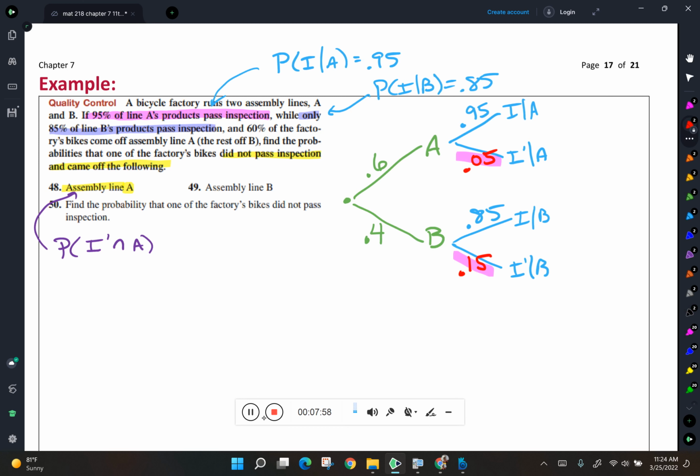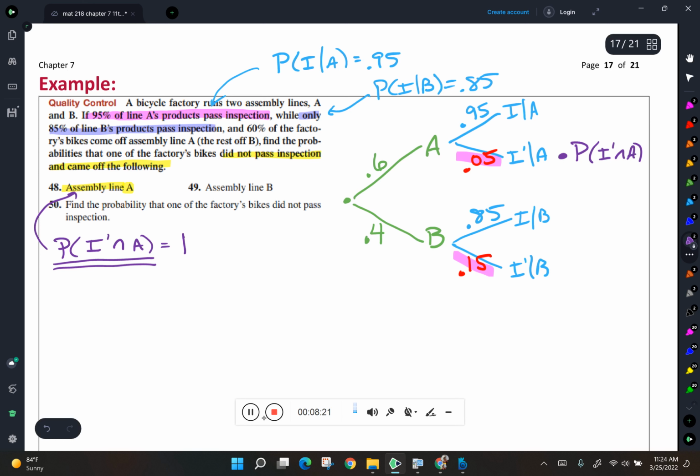Now, if they want me to find didn't pass inspection and came down A, that means I want to get to here. That's going to be the branch where in the end you failed the inspection and you came from A. And so the way that I'm going to find that is I'm going to use the formula that says that this is the probability of A times the probability of failing given A. It's the two branches here.